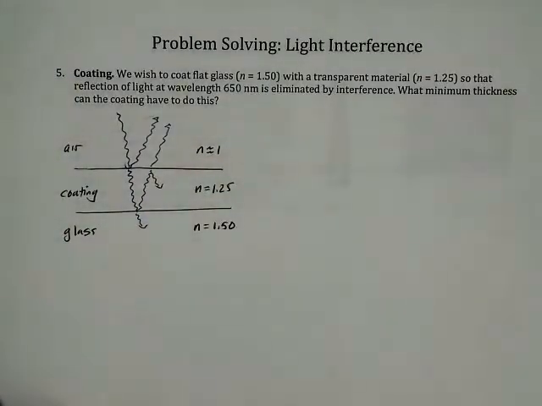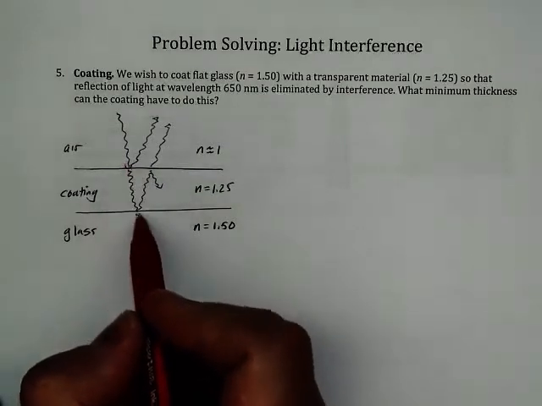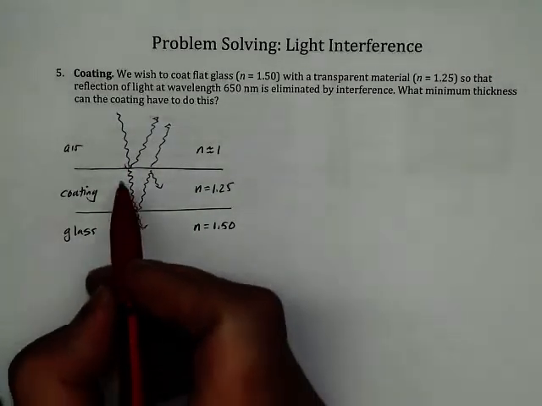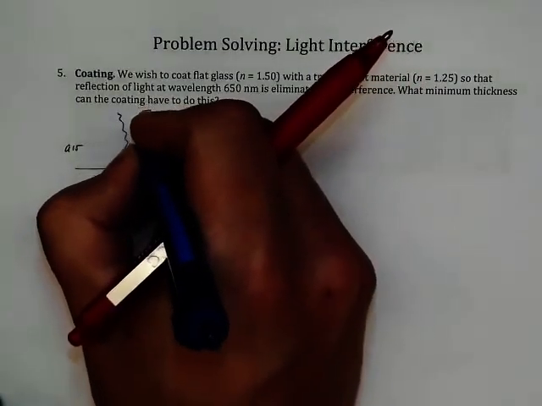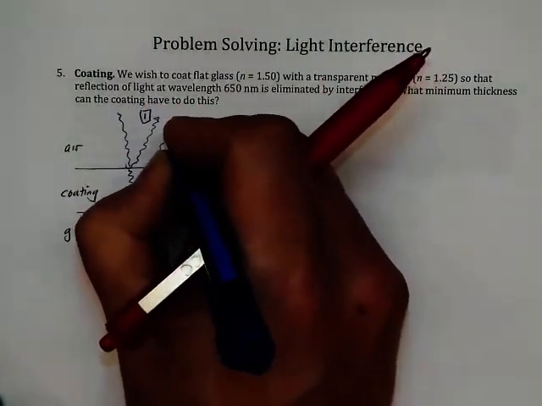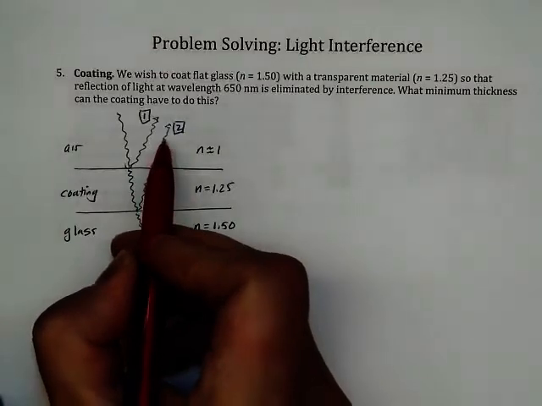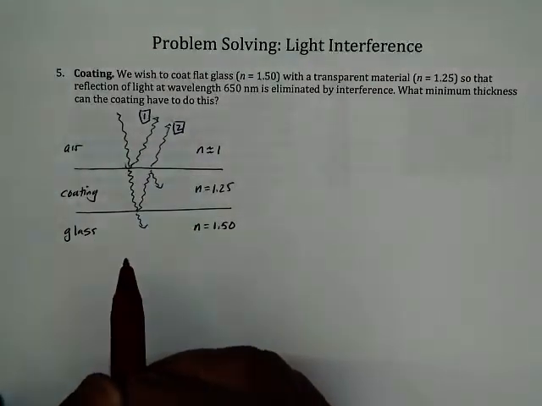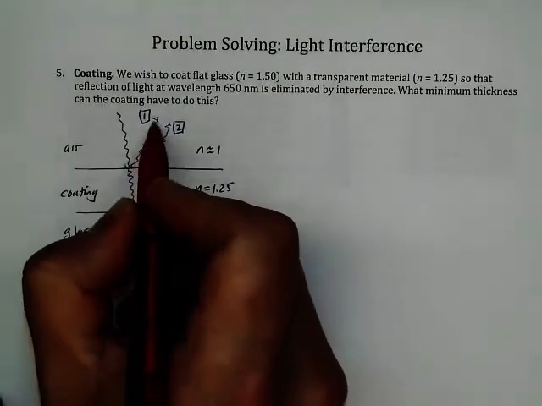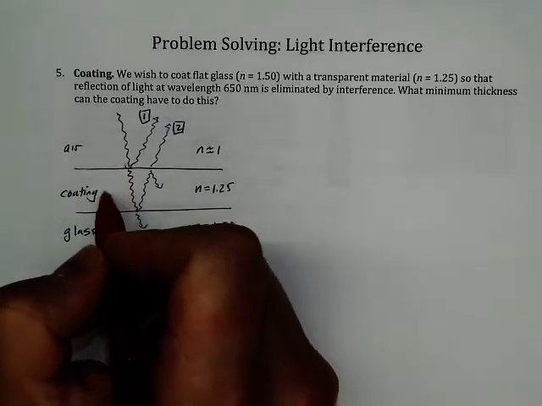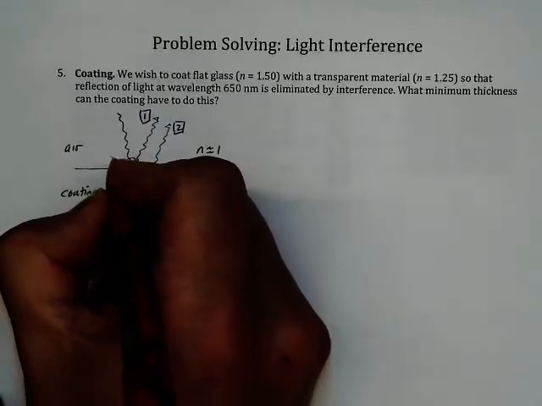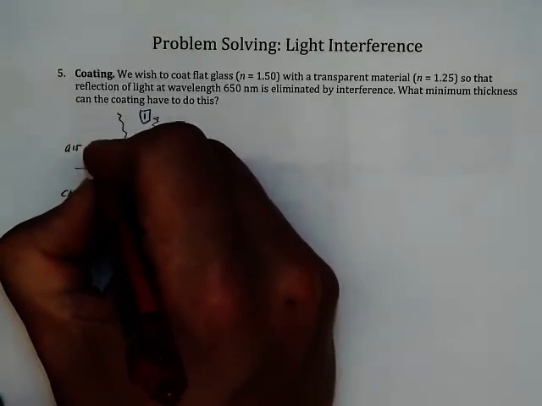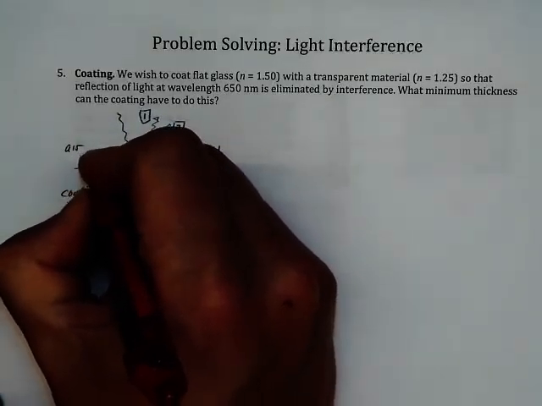And thinking about what happens at each boundary, since we need to work out how much longer the path is for the piece of the wave that's number 2 as opposed to the piece of the wave that's number 1. Well, here, if I hit off of air, the coating has a higher index of refraction than air, so that means there is going to be a phase change at this boundary.